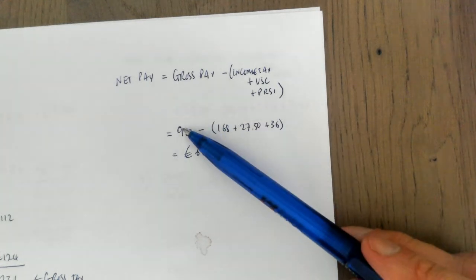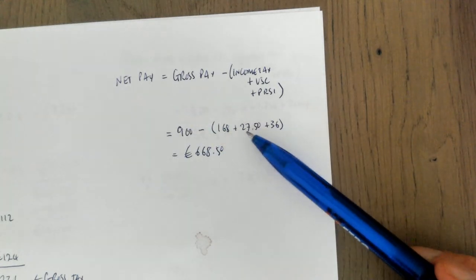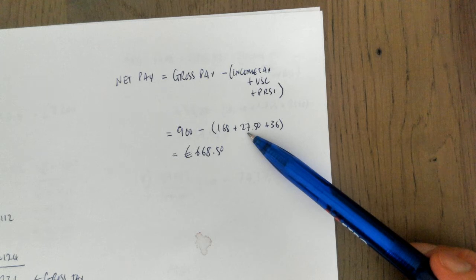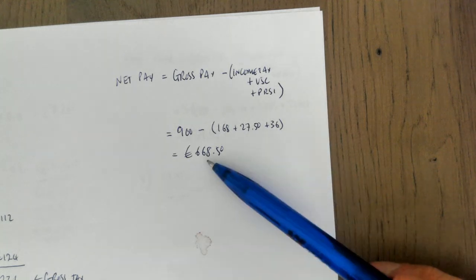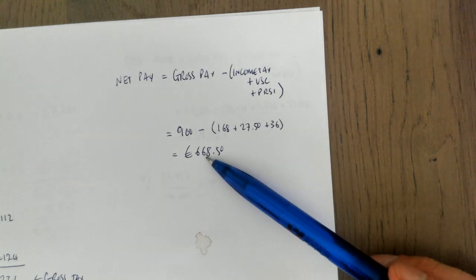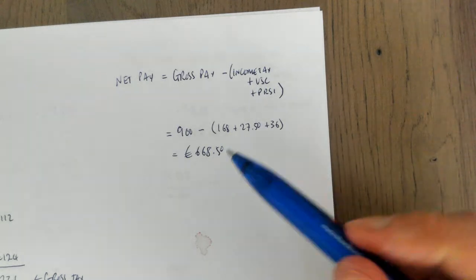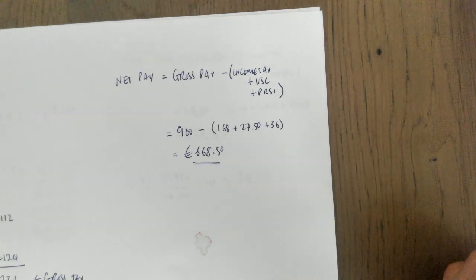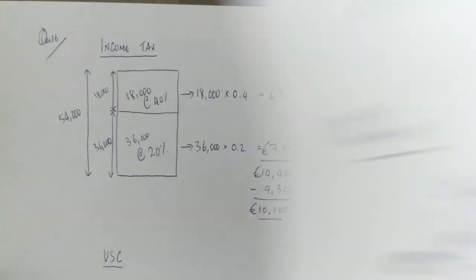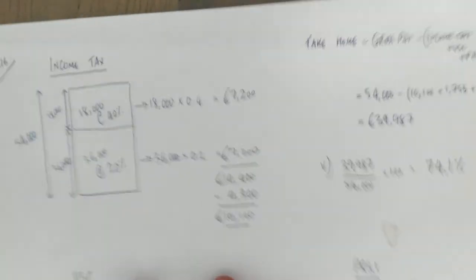Okay, so 900, income tax is 168, USC was 27.50, PRSI was 36. So that's how much he or she takes home after all the deductions, 668.50.